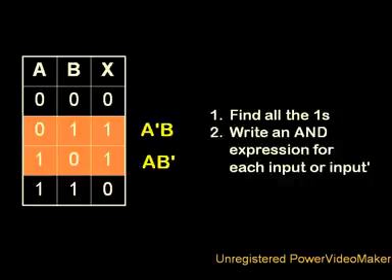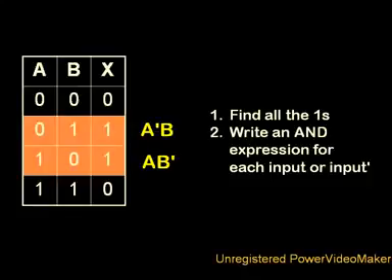Our second step is to write an AND expression for each input or input NOT that leads to that result. Now in the first row we see that A is a 0 and B is a 1. If I wrote the expression A NOT B, A NOT is 1, B is 1, and those together, I get a 1.